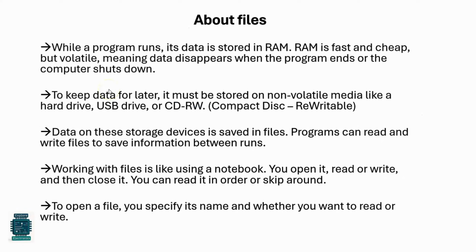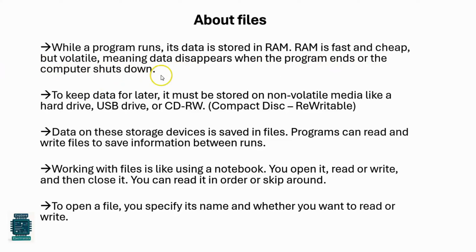Let us start with the file basics. While the program is running, the data is stored in RAM, and RAM is for temporary storage. It's not for permanent storage. That's why it is volatile, which means the data disappears when the program ends or the computer shuts down.